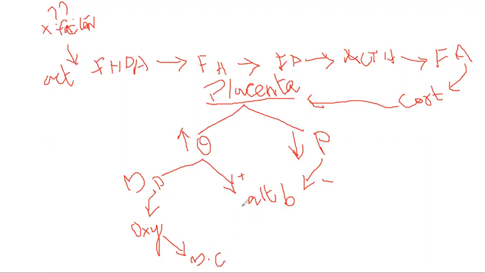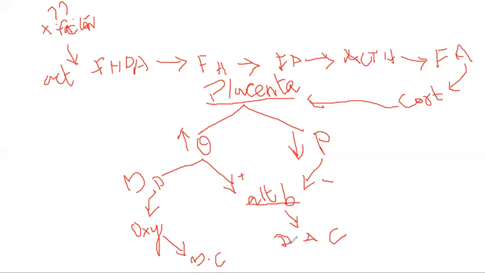And what happens when there is an altered balance? This altered balance will again act on the placenta, the amnion, as well as the chorion.